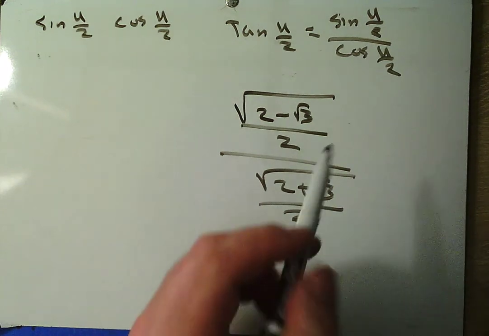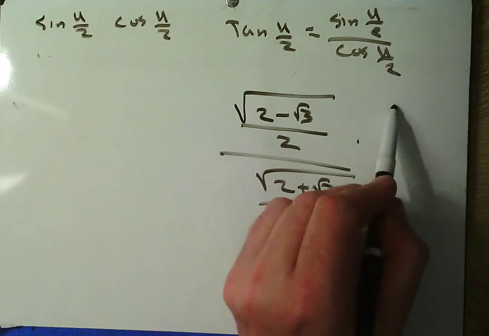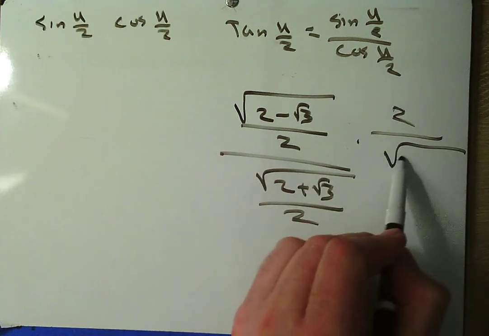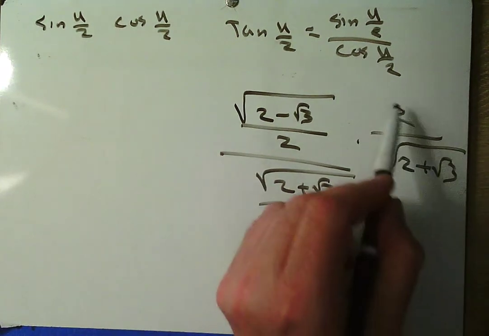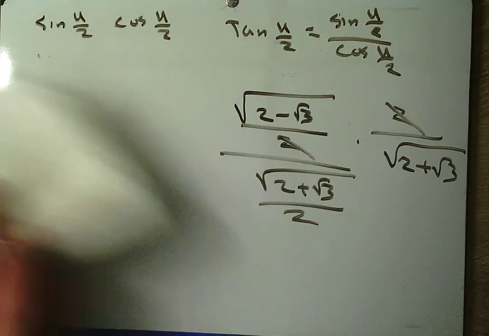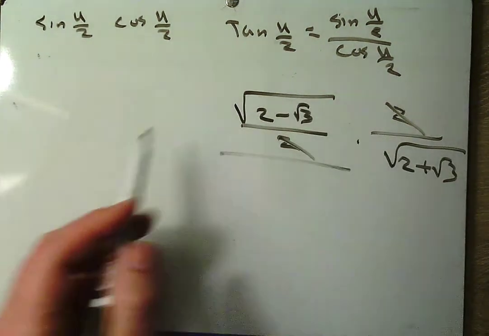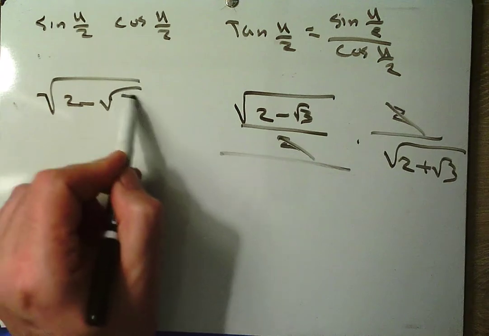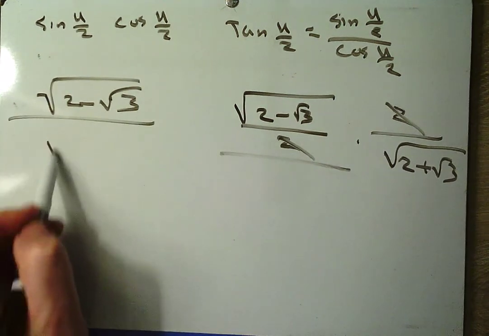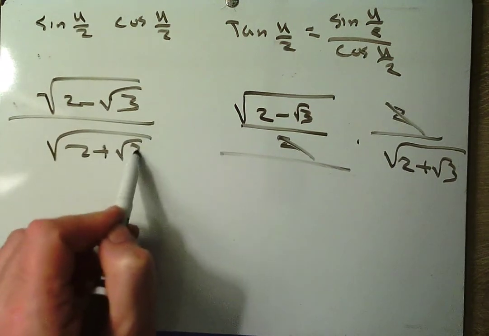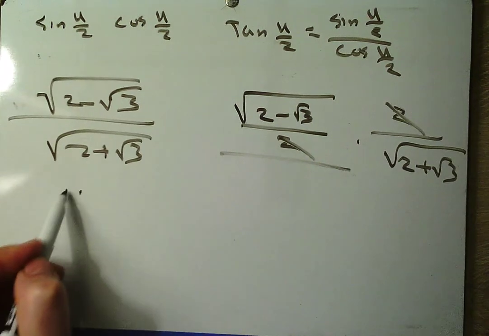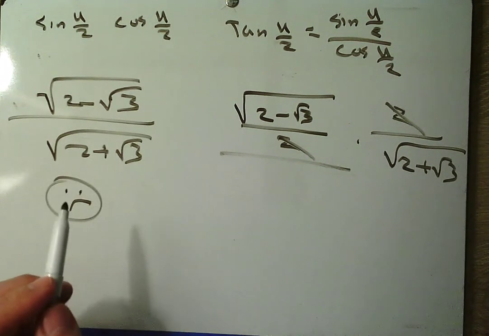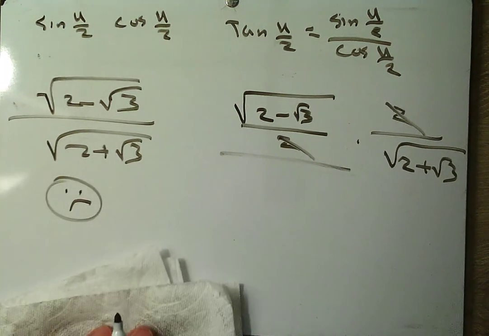It looks kind of horrible. Even if I do the flip and multiply, I get to this place where I'm looking at square root of 2 minus root 3 over square root of 2 plus root 3. And that makes me very sad. I don't particularly want to work with that one.